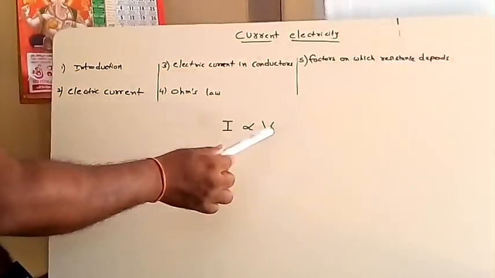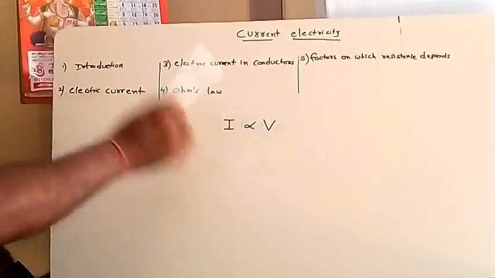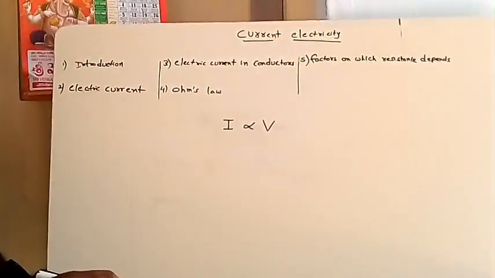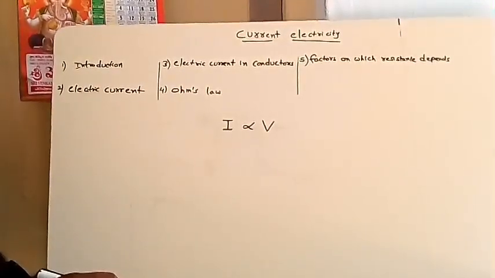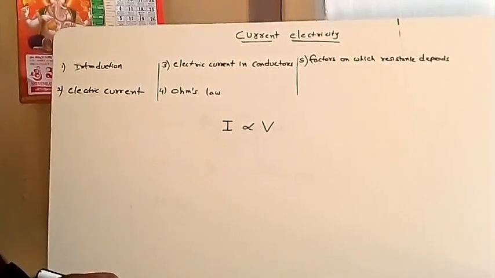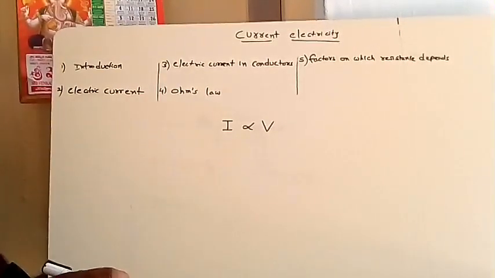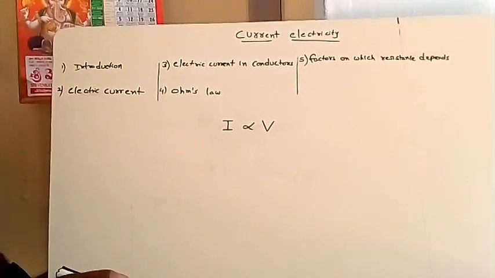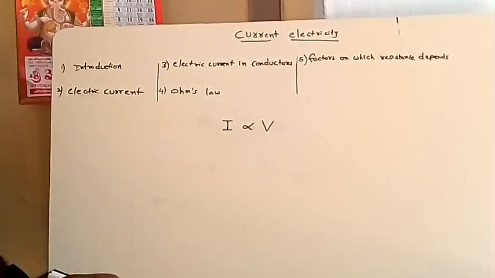That means the relation between V and I is directly proportional. Once again, the potential difference across the conductor is directly proportional to the current passing through the conductor.